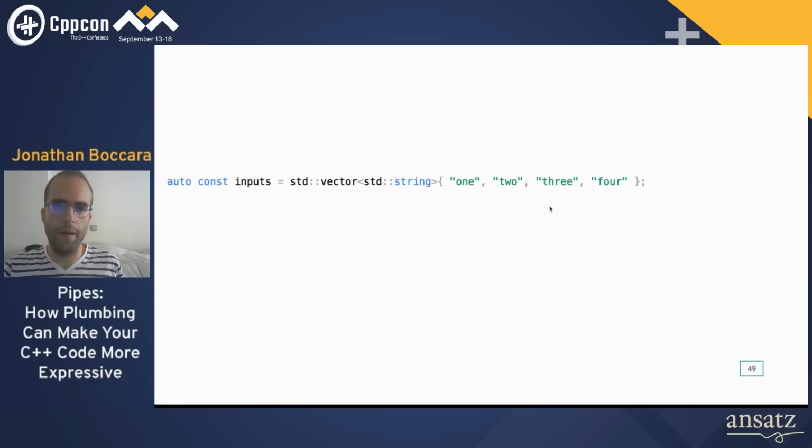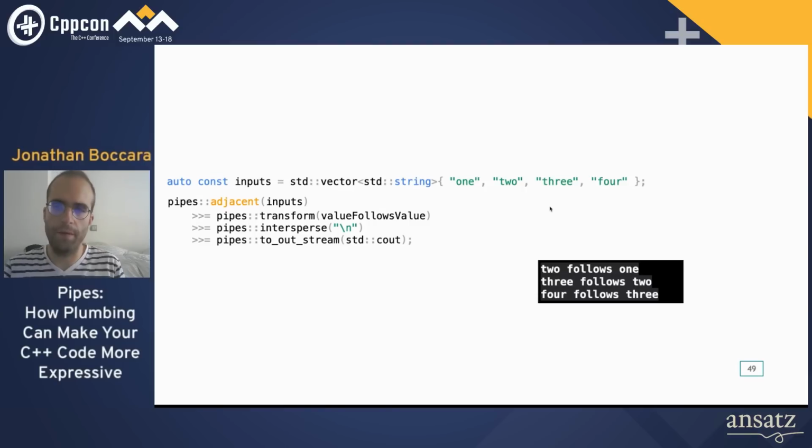Or we could iterate over a collection by taking the elements 2 by 2, like 1, 2, then 2, 3, then 3, 4, with this adjacent pipe, which is horrible to write with a for loop, and still no tuple.